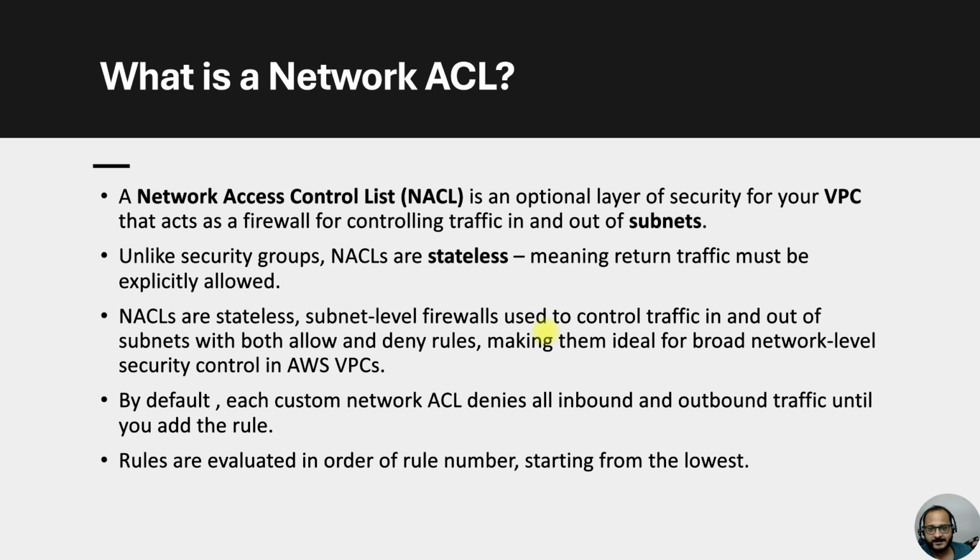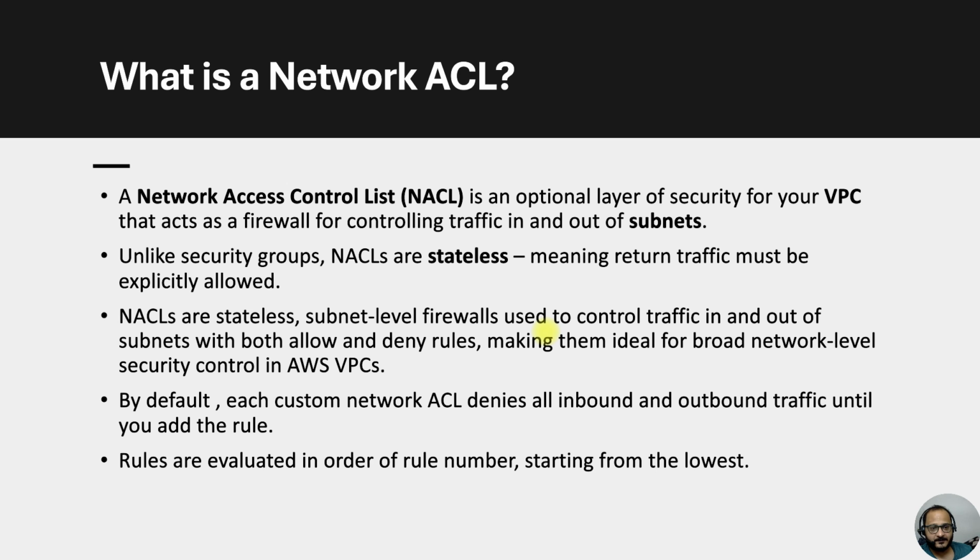On those the traffic will be allowed, but if you are creating a custom VPC, you have to explicitly allow the traffic, otherwise all the traffic will be blocked. We will see this in a demonstration after maybe 5 minutes, so it will be more clear then.